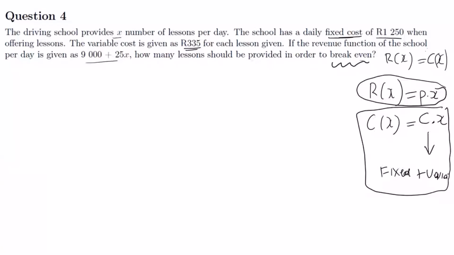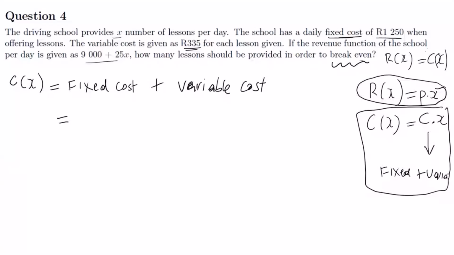For me to get my cost function, I'm going to have my fixed cost plus a variable cost, that's the definition. So the fixed cost will be the fixed cost as you are told. A fixed cost is 1,250. A variable cost is always written in this way.